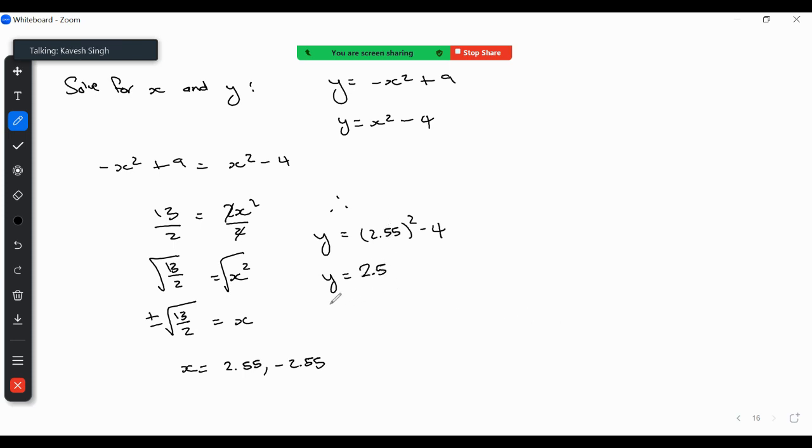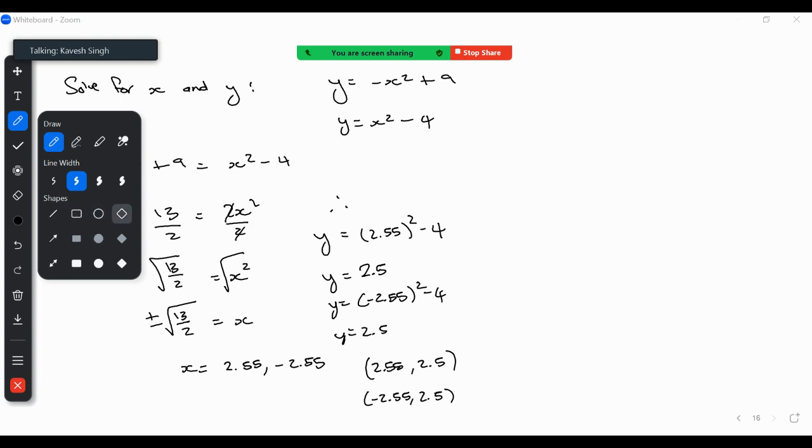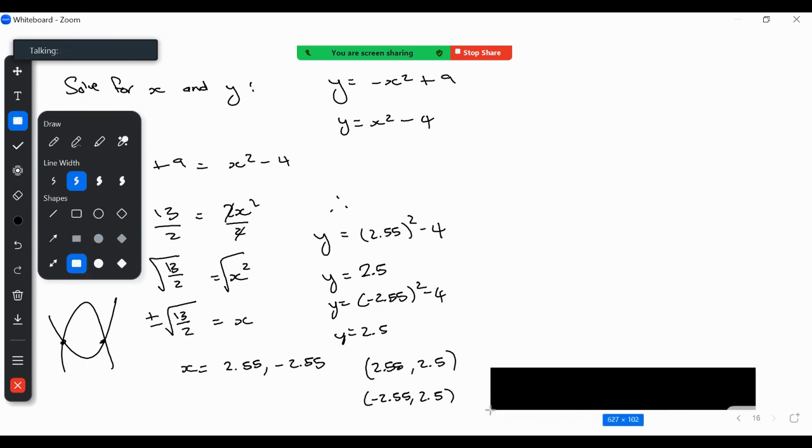And if I put y equals negative 2.55 squared minus 4, I get 2.5, because a negative times a negative is going to be a positive. Gets me two coordinates, 2.55 and 2.5, negative 2.55 and 2.5 for that. And here we have two parabolas, which are technically cutting through like that.